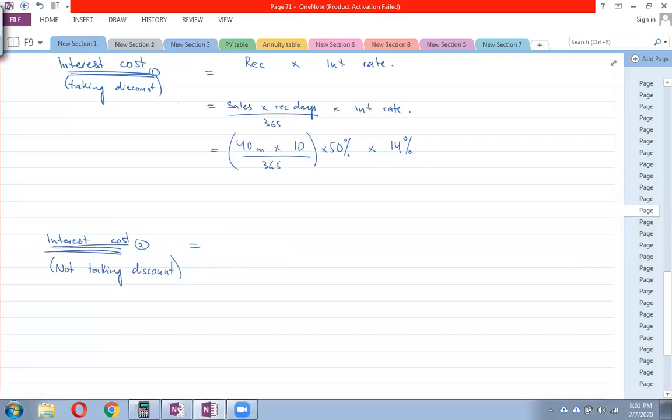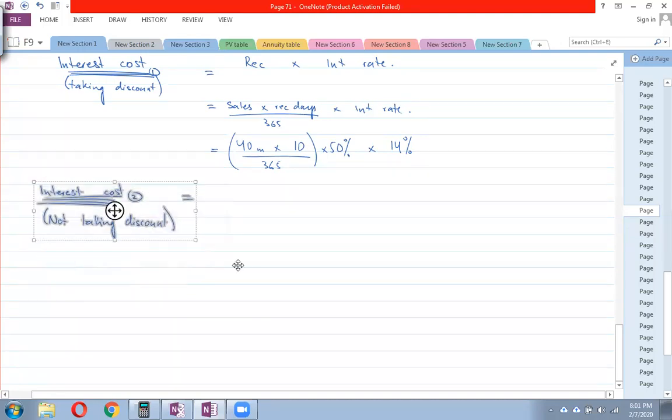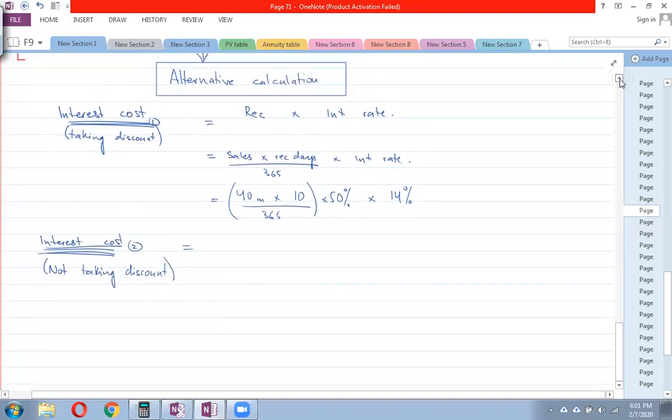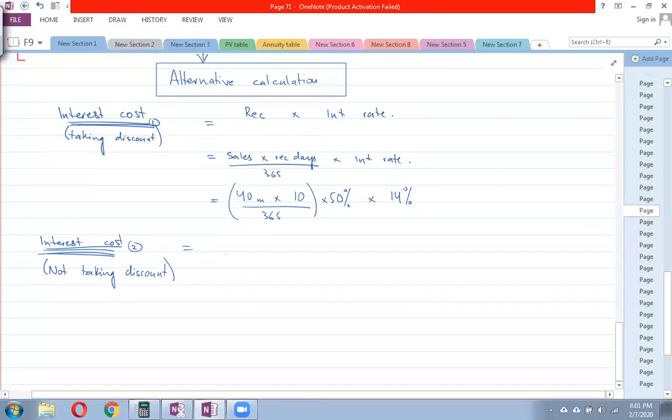In the same way, for those customers who are not taking the discount, sales is 40 million, but they'll pay us in 73 days divided by 365. And what percentage of the customers are not taking the discount? Another 50%, multiplied by 14%, which is the interest rate, right?